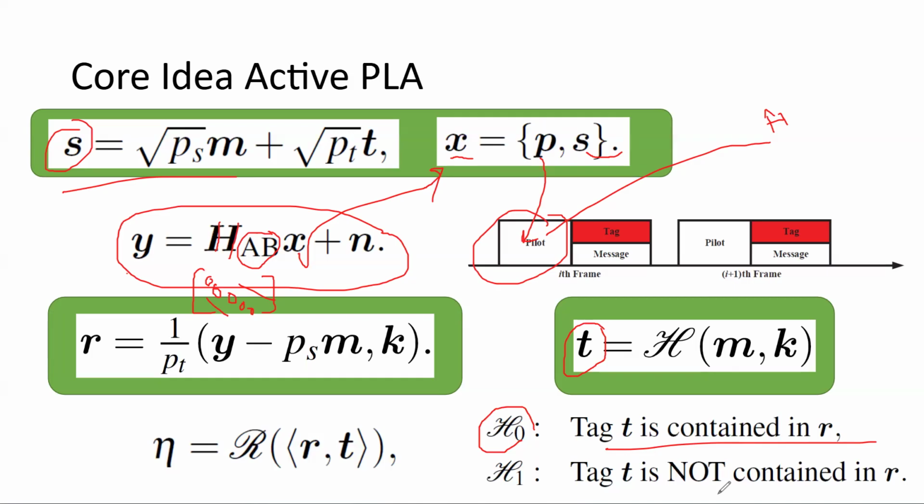If the tag T is not contained in R, that is H1, which means the transmitter is fake. I shouldn't trust him or communicate with him. So these are the main things you need to be aware of regarding this technique.